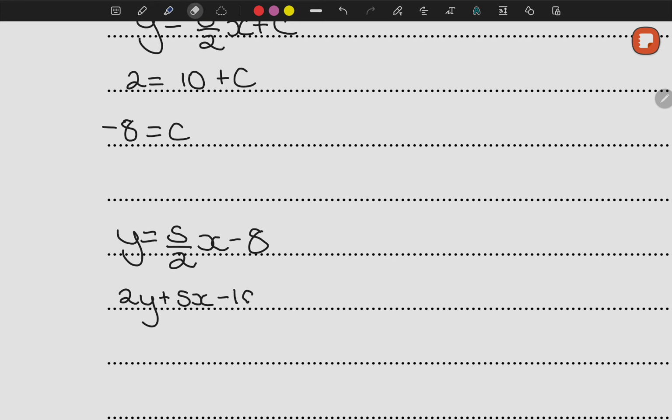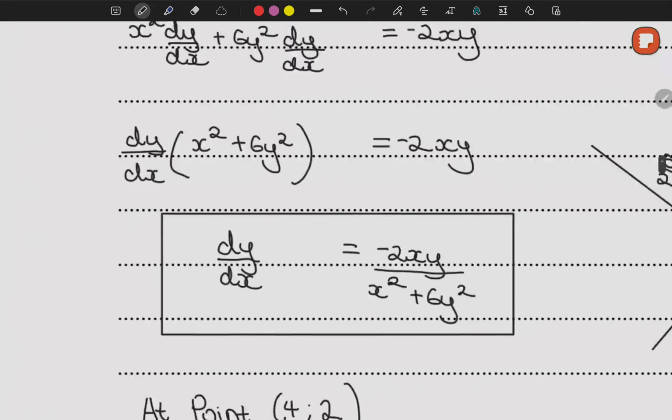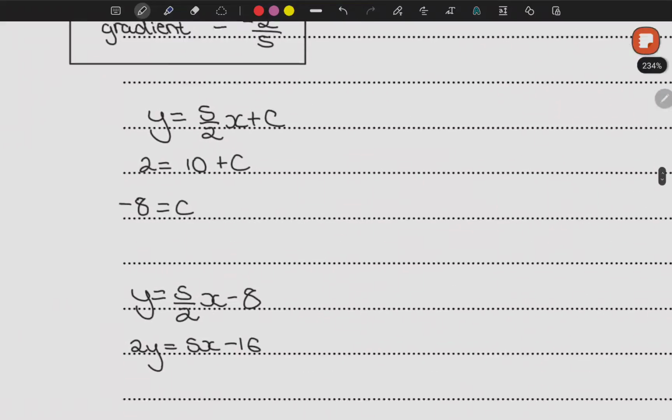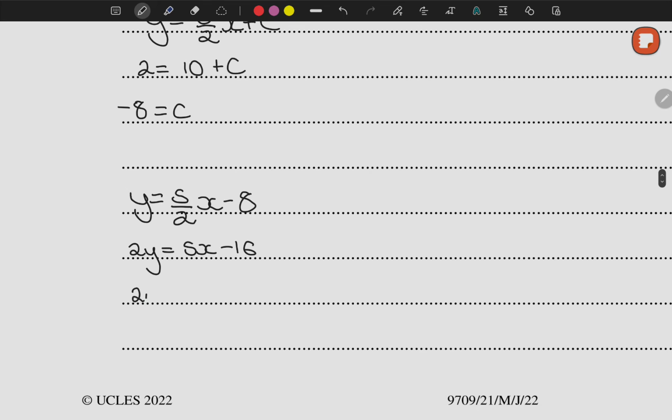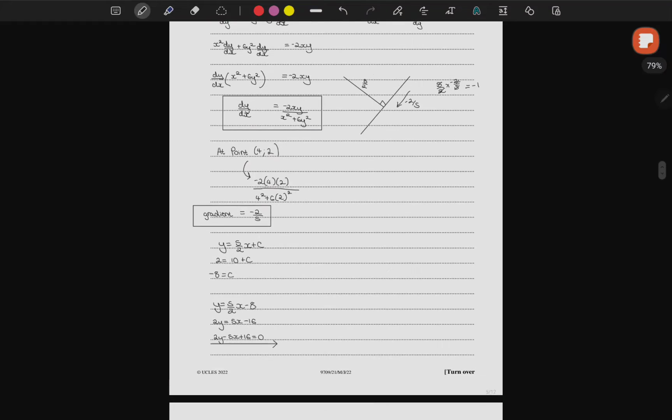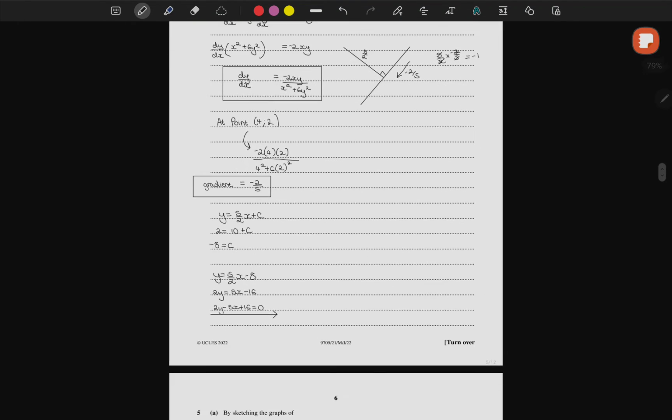Oh, wait, no, I'm jumping the gun. 2y is equal to 5x minus 16. Okay, now let's bring everything over, just like they said. So 2y minus 5x plus 16 is equal to 0. Boom. Done. Dusted. Easy 7 marks.